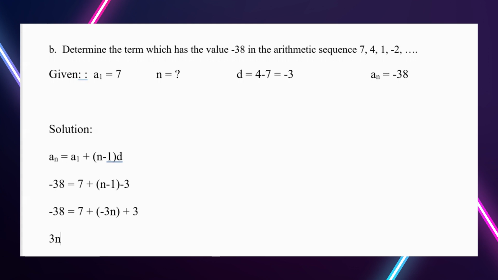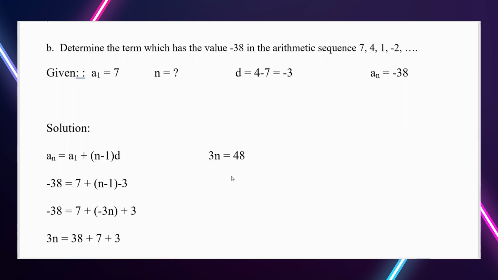From -3n, magiging positive 3n siya because we transpose on the other side is equal to positive 38 plus 7 plus 3. Okay, so next, we have 3n is equal to the sum of 38, 7, and 3 is equal to 48.